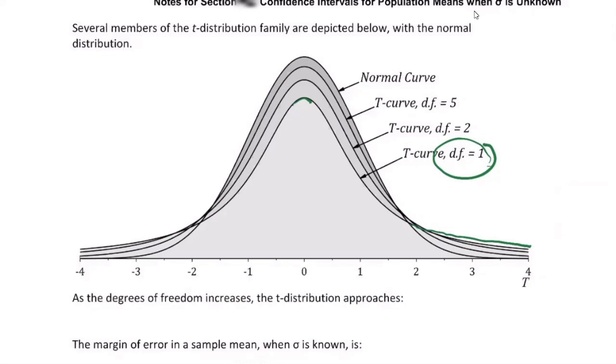So the degrees of freedom indicate the width of the distribution, but do notice that as degrees of freedom increase, the t distribution approaches the normal distribution, which is the highest one there, where the more probable values are in the middle. For the normal curve, they get pushed a little bit outward with the t distributions because of that added variability.